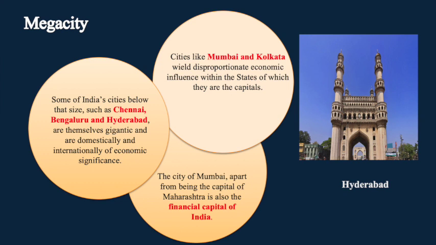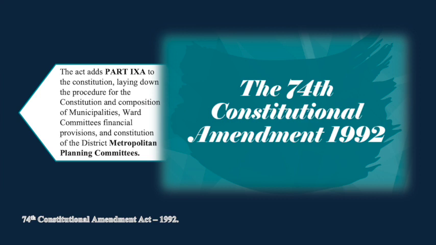Under the 74th Constitutional Amendment of 1992, Part 9A tells how the Constitution provides composition for urban local government, like metropolitan cities, municipal corporation, then ward committees, then Nagar Panchayat. They have metropolitan planning committees.